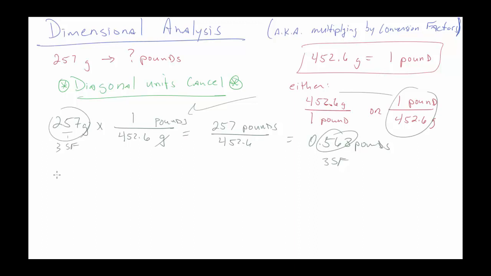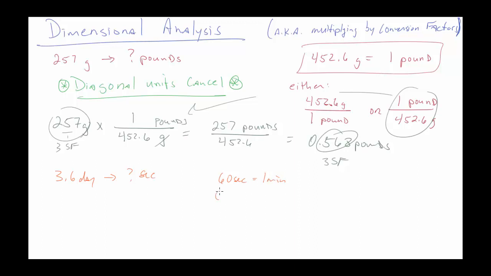So let's take a look at another example right here. If I have 3.6 days and I want to know how many seconds that is, right? I don't know that, but let's go ahead and write down a couple of things that we do know that are equal to each other. Well, I know that 60 seconds is equal to 1 minute.